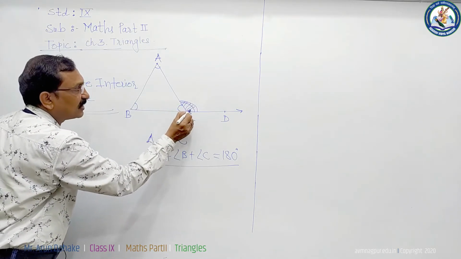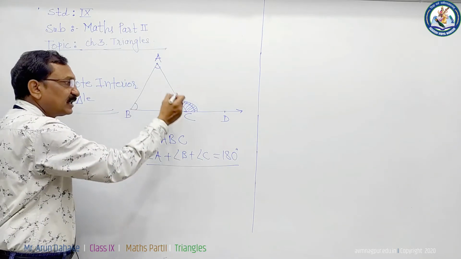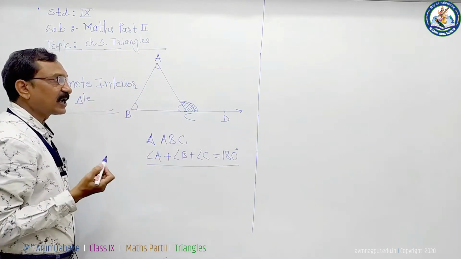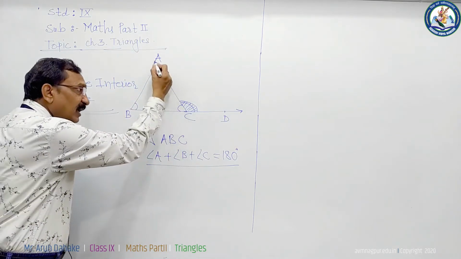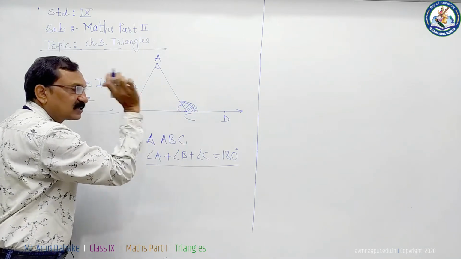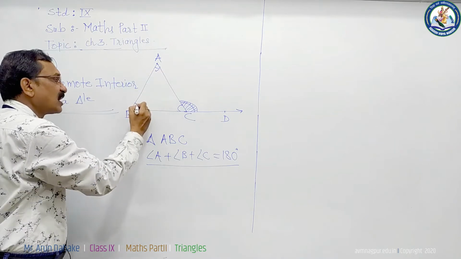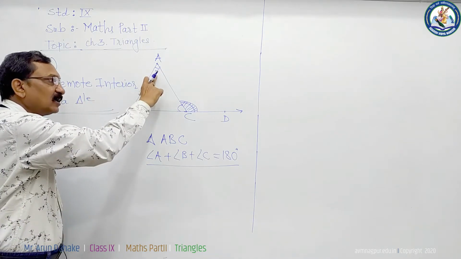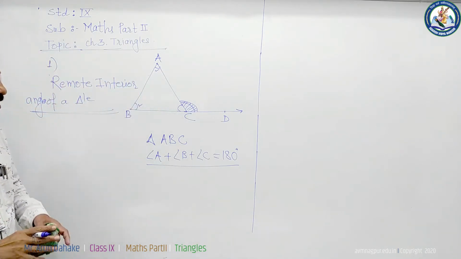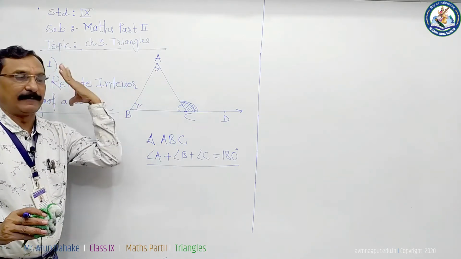ACB is the linear angle of this exterior angle, and the remaining two angles are called the remote interior angles of a triangle.